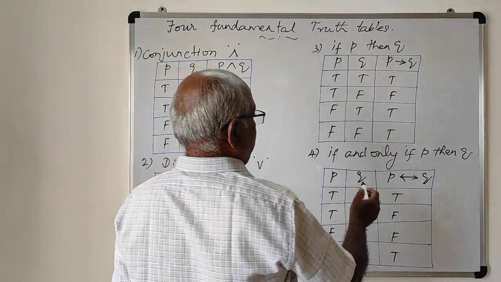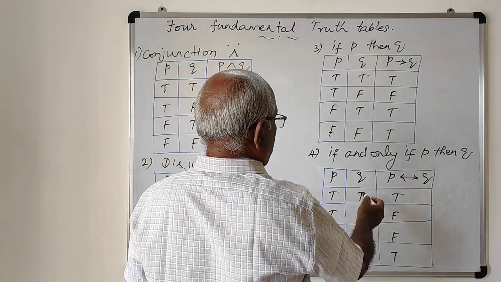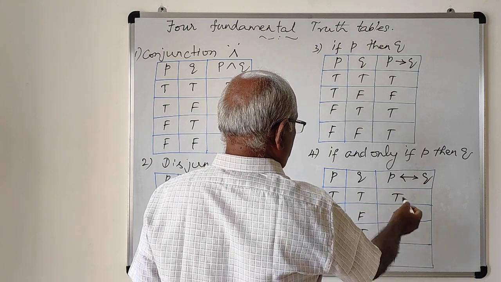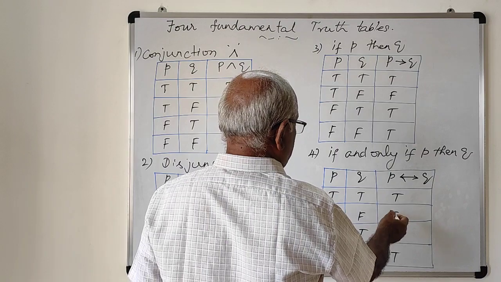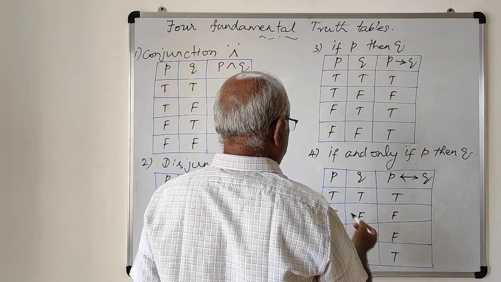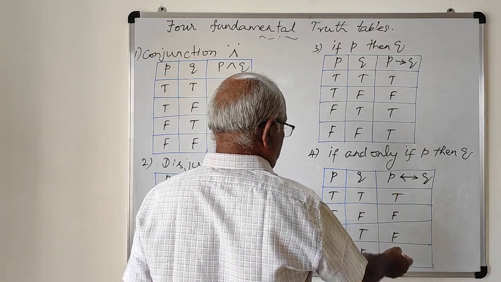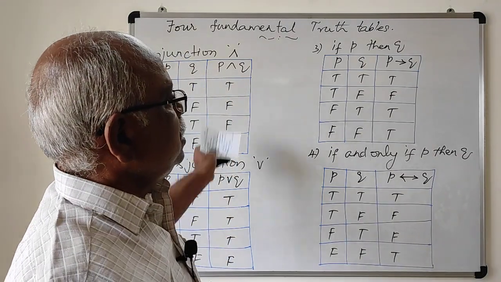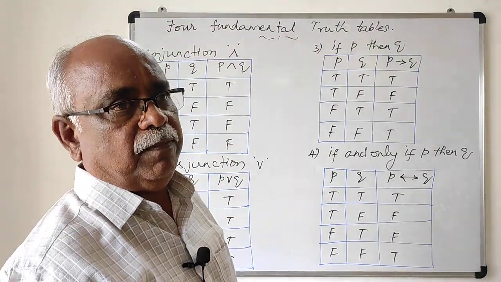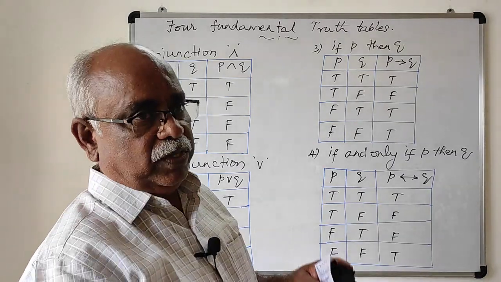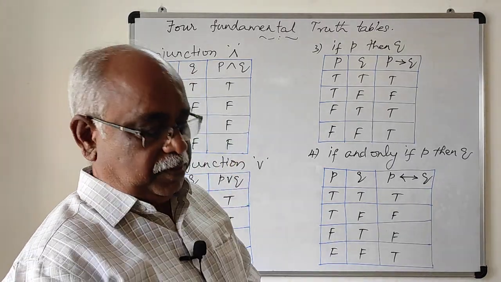For biconditional statements, when both are T or both are F, the truth value is T. If any one is T or any one is F, the truth value is F. Both are T, truth value is T. Both are F, truth value is T. So these four truth tables are very fundamental and very useful for solving the problems.